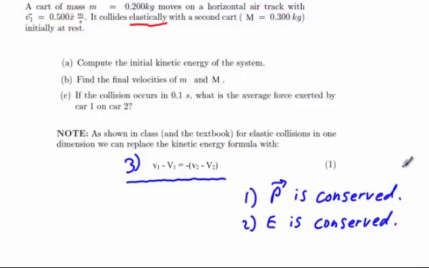Looking carefully at the formula, we see lowercase v minus uppercase V, both at moment 1, that is the speed of approach, and we see lowercase v minus uppercase V at moment 2. That is the speed of receding.